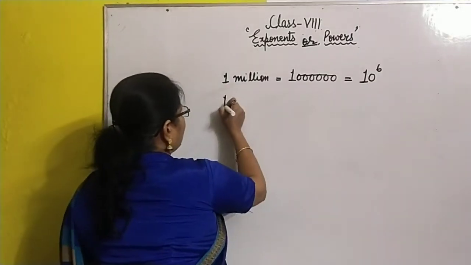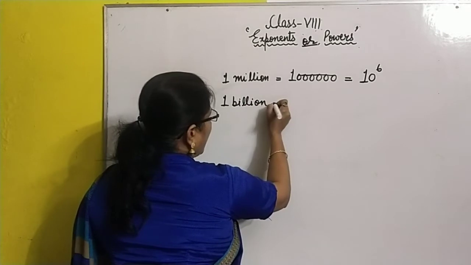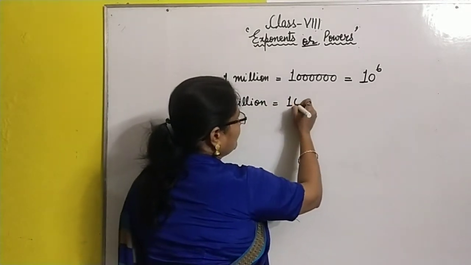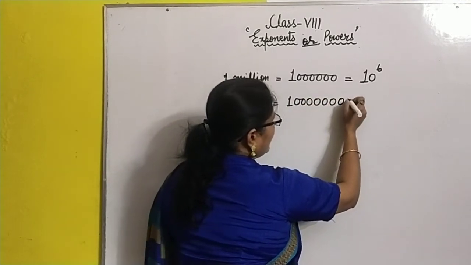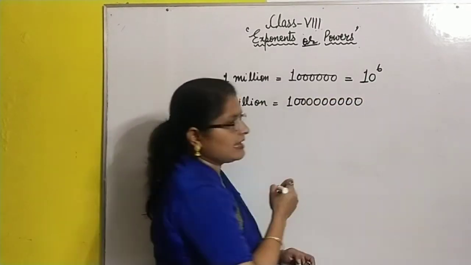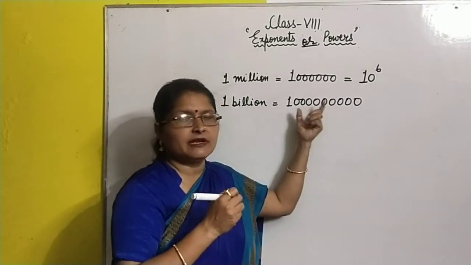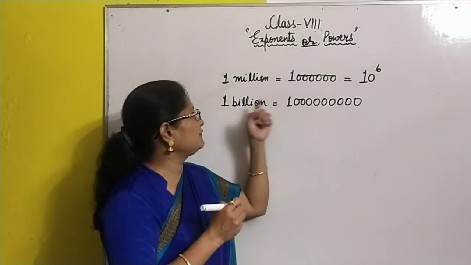Like that, if I am writing 1 billion, how many zeros will be there? 9 zeros with 1: 1, 2, 3, 4, 5, 6, 7, 8, 9. Sometimes it is difficult to read this number at one time. We count the zeros and then say this is 1 billion.